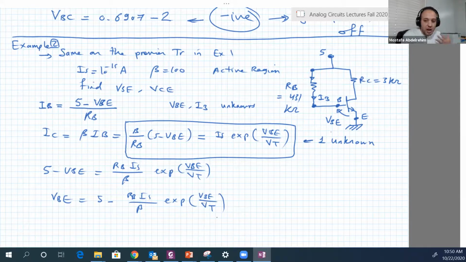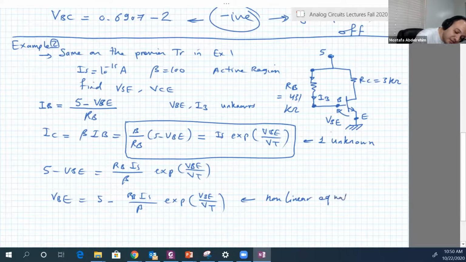And of course we cannot solve it, just like the diode if you use the accurate model of the diode. So this is a nonlinear equation. You can't separate variables.